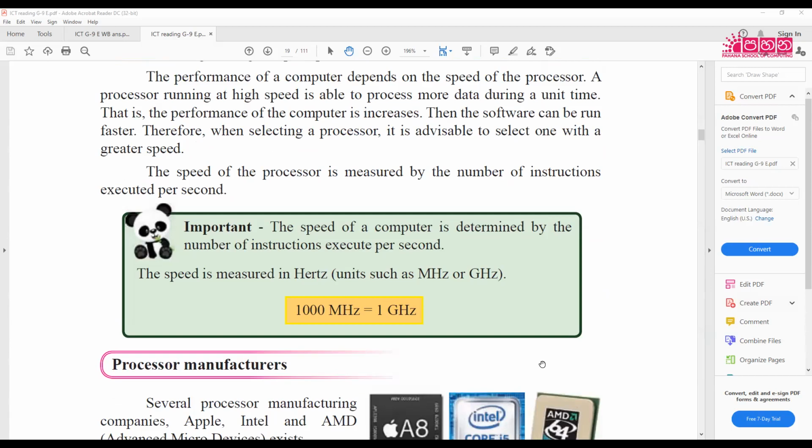Usually computer speeds are measured in megahertz or gigahertz. 1000 megahertz is equal to 1 gigahertz. Modern computer speeds range from 3 gigahertz to 4 gigahertz and so on. That is the typical range when you are purchasing a computer.